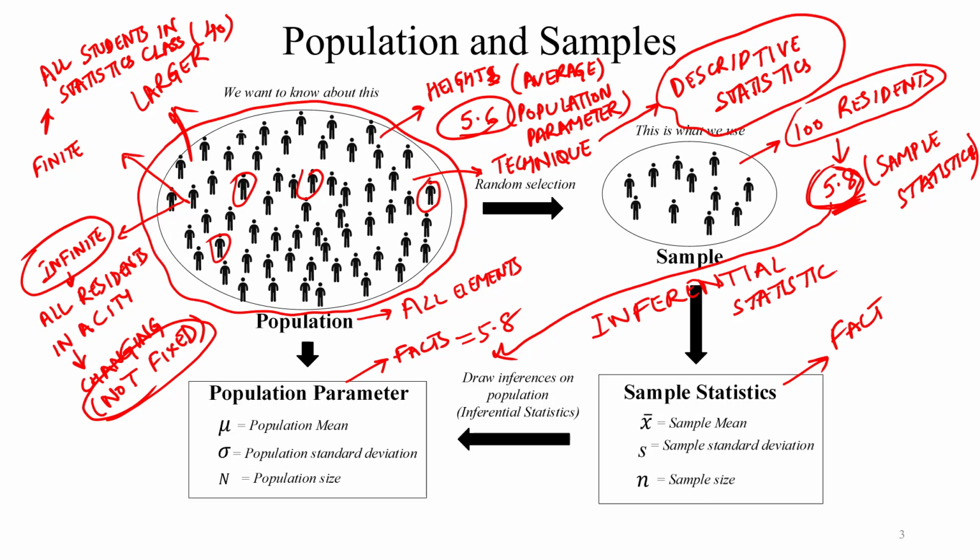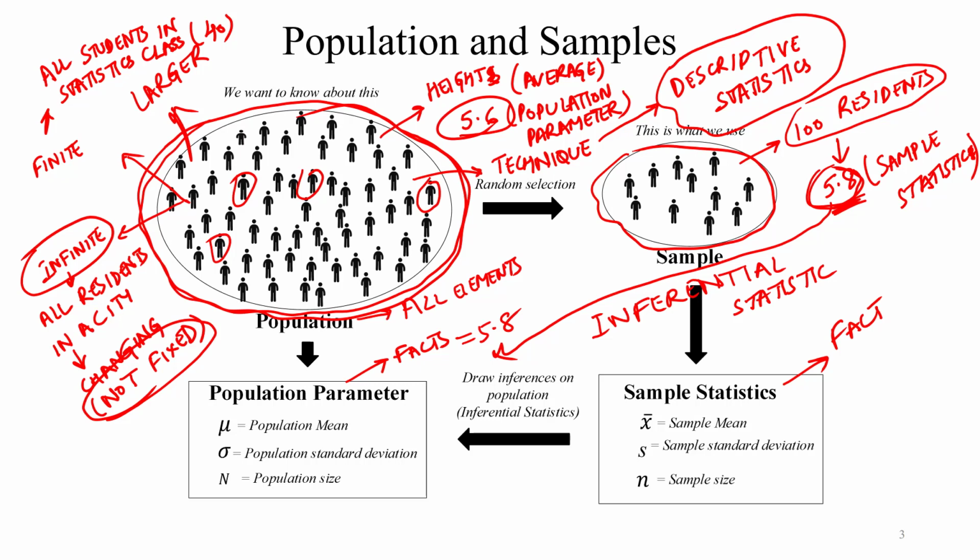So with the residents in a city, here is our population. We took a small sample and measured its average height, which is 5.8.